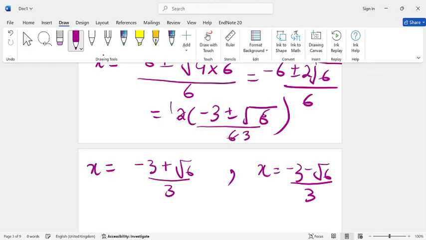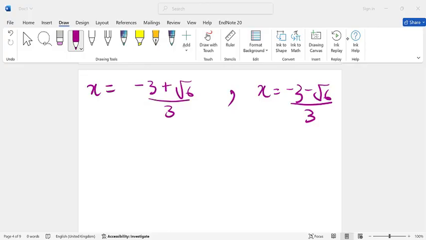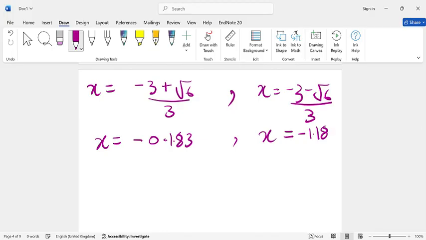Now, when we simplify this, the answer is minus 0.183, and for the other value, we get minus 1.181.